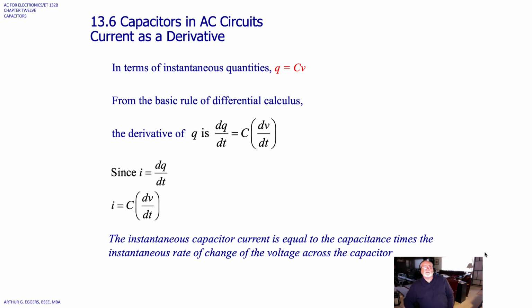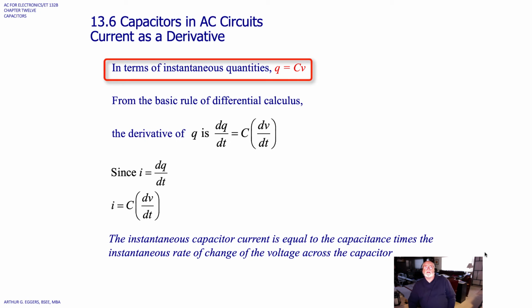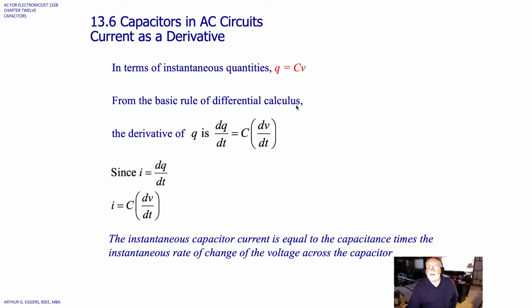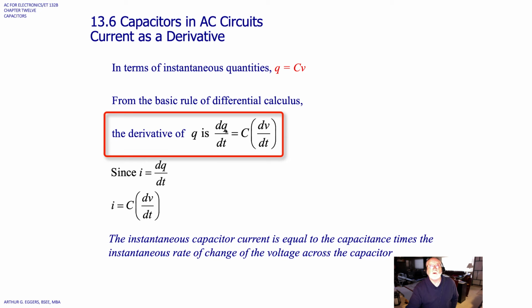So in terms of instantaneous quantities, q is defined as the capacitance times the voltage. From the basic rule of differential calculus, okay, this is the derivative of q, dq by dt. Take it one more step, and this is defined as the capacitance times the rate of change of voltage per unit of time.